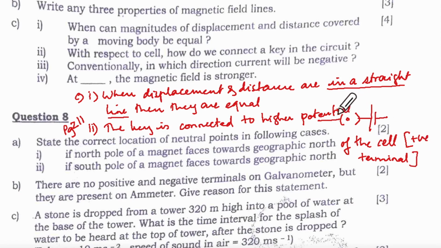Now for your information, see this diagram. This taller line means positive, shorter line means negative. So can you see the key is connected to the positive? Yes, ma'am. Come to the third one.